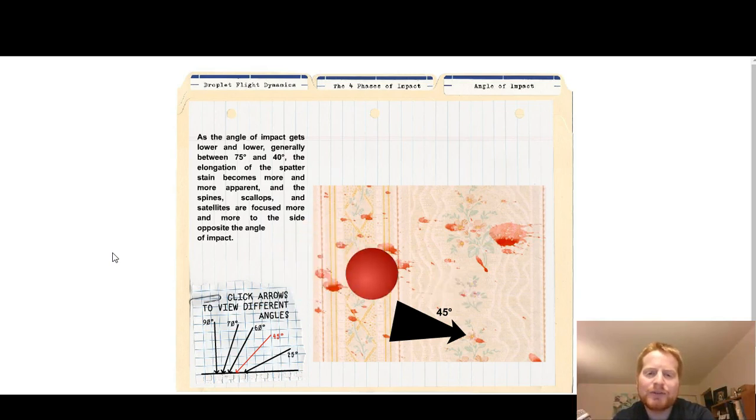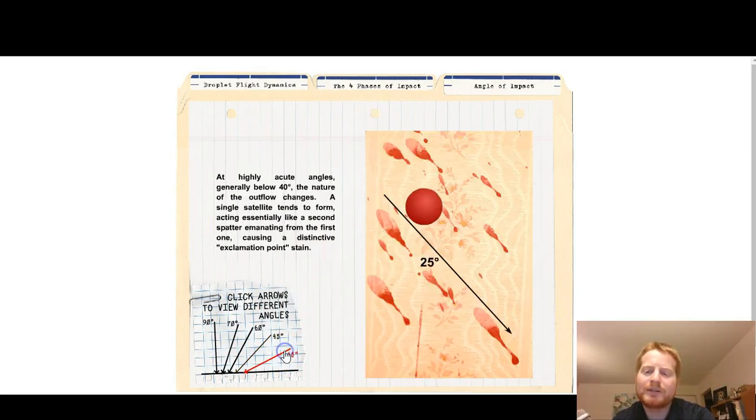And in this case, we're starting to see, again, more and more of the spines happening, the blood's elongated, and then if we look at 25, then we have full-on tails, right? So the pattern we want to be aware of is that the blood's becoming more and more elongated as a result of this decreased angle. So the greater the angle, the less the elongation of the blood, and the lower the angle, the more elongated the blood droplets become.